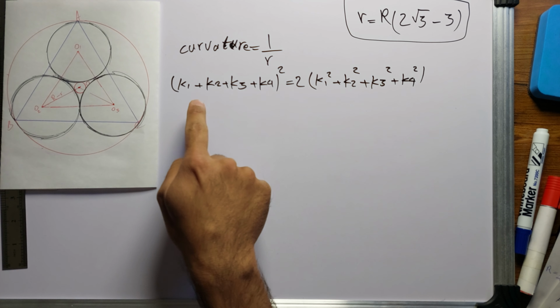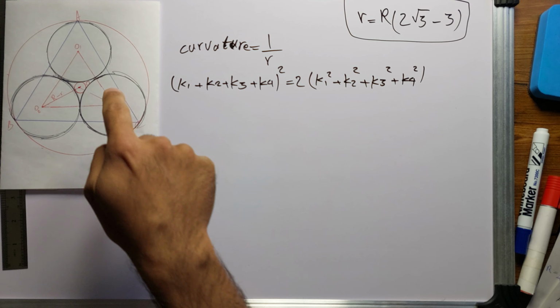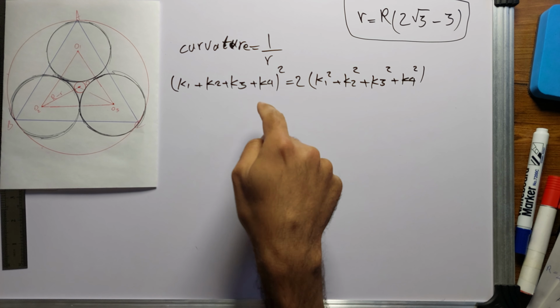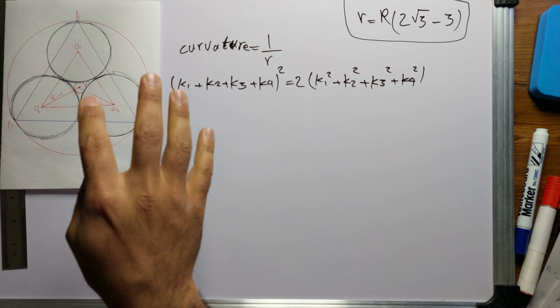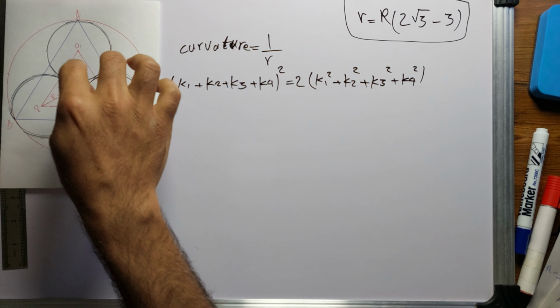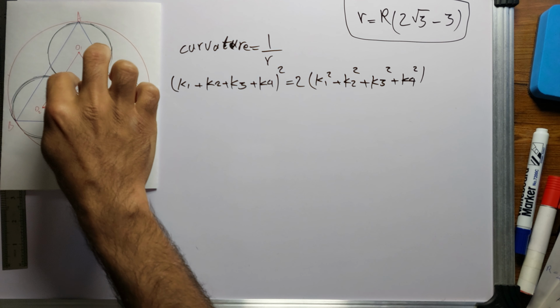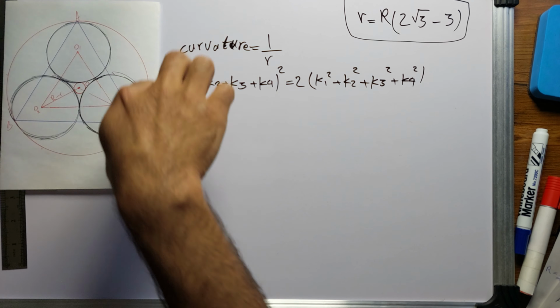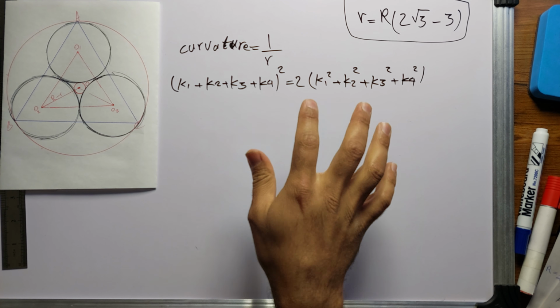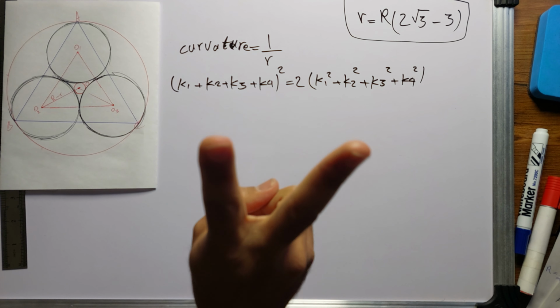So we have three circles, k sub 1, k sub 2, k sub 3. And according to this formula, we can find the radius of the fourth circle that is tangent to these three circles, either internally, inside them, or externally, outside them. Because it's a quadratic formula, it gives us two roots.